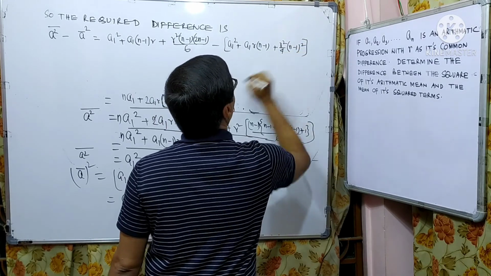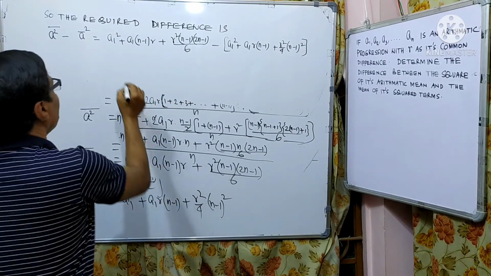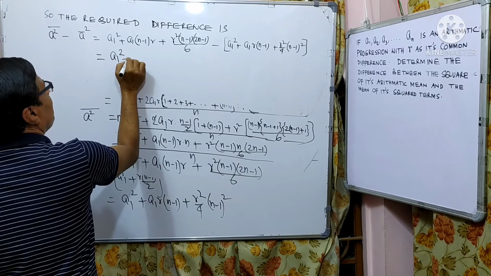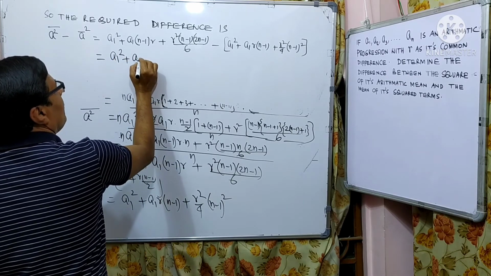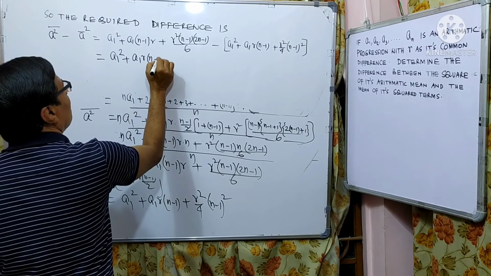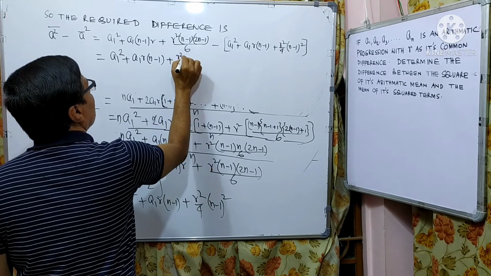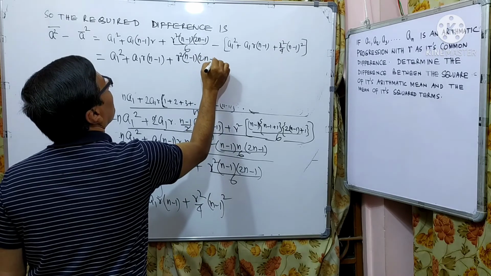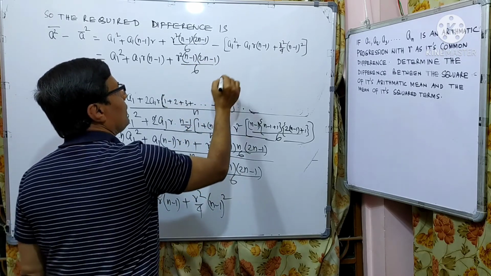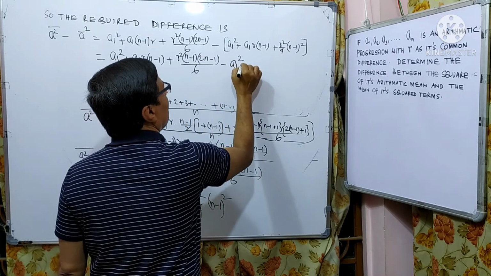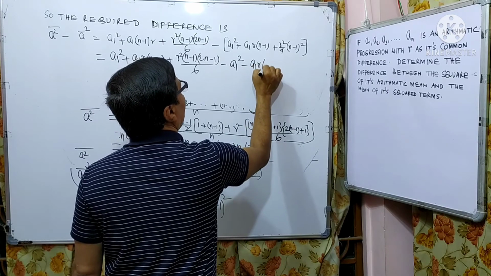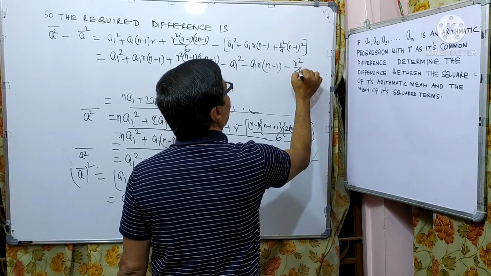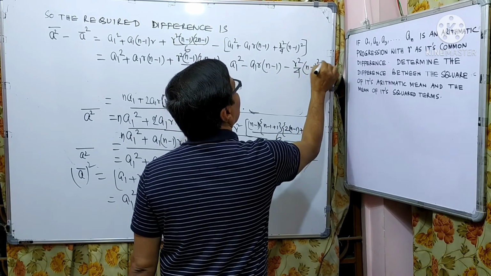So we get a1 square plus a1 r into n minus 1 plus r square n minus 1 into 2n minus 1 over 6, minus a1 square minus a1 r into n minus 1 minus r square over 4 n minus 1 square.